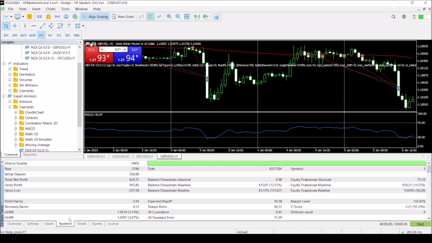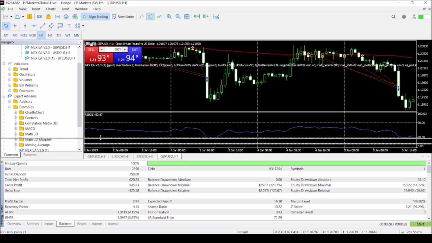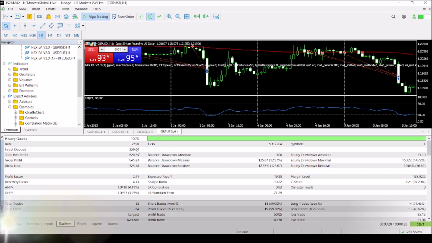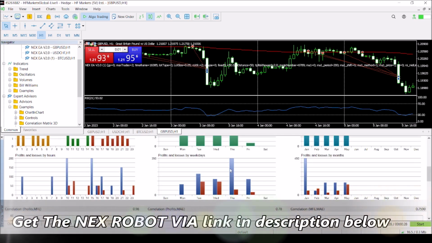Firstly, the back testing results are these ones. We can see that the initial deposit was $250. We actually tested it in a period of the first months of 2023. In this case, it's January, February, March, April, and May.